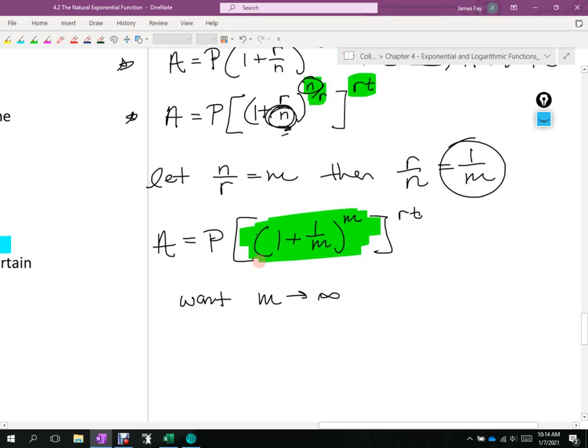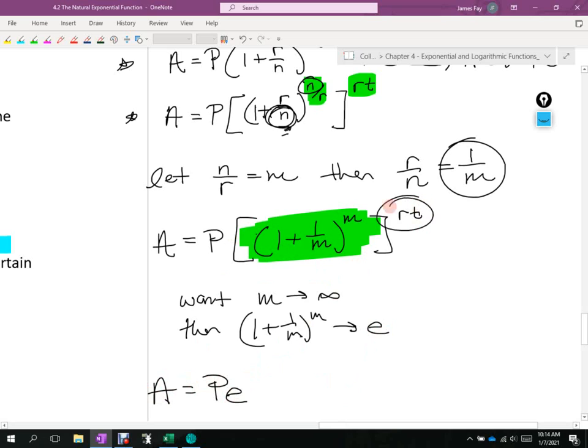We want this thing to tend to infinity with that m value. And if that happens, then what I have highlighted here turns into e. So then rewriting things, P, the green stuff turns into e, still have my exponent of RT, and there's our continuously compounded formula.